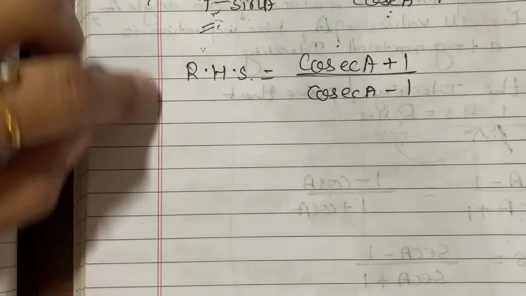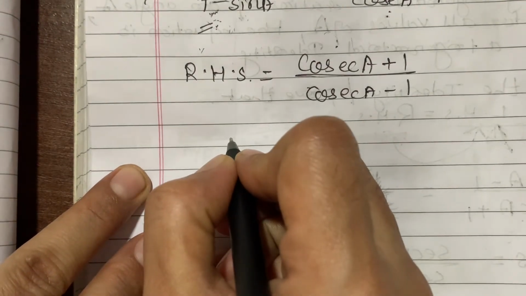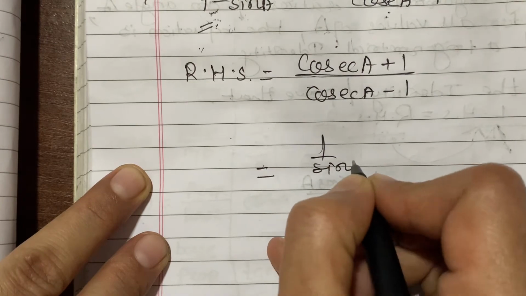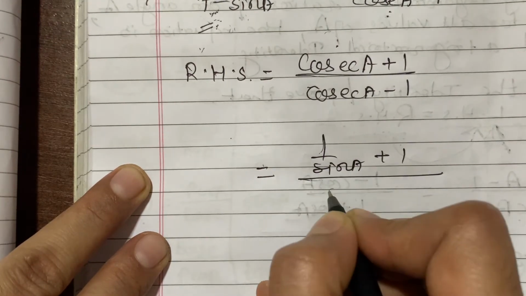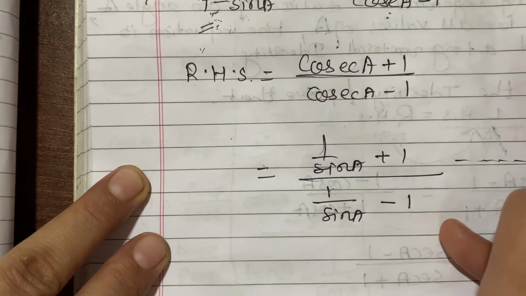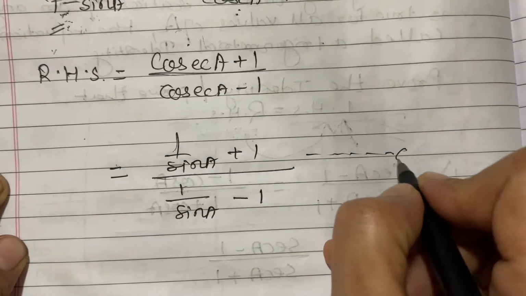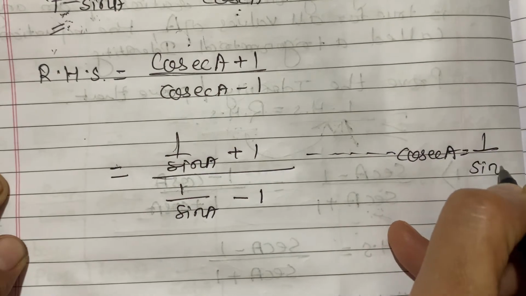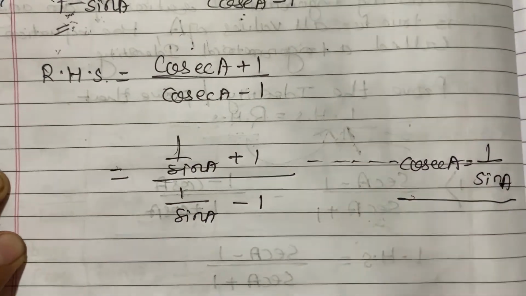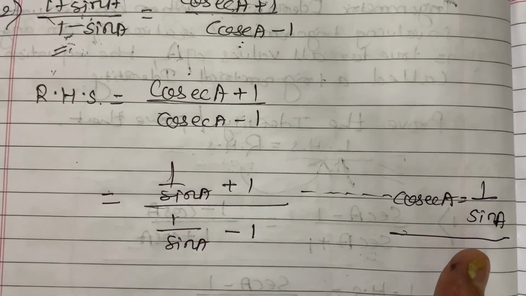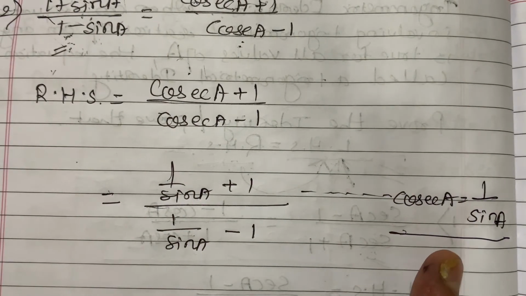Cosec means what? We know that. Or directly if you write, cosec means 1 upon sin A plus 1, upon 1 upon sin A minus 1, and here you will give the reason that cosec A is equal to 1 upon sin A. Always you have to mention the reasons. For whatever steps you are writing, you should mention the reason, and for this the marks are there.